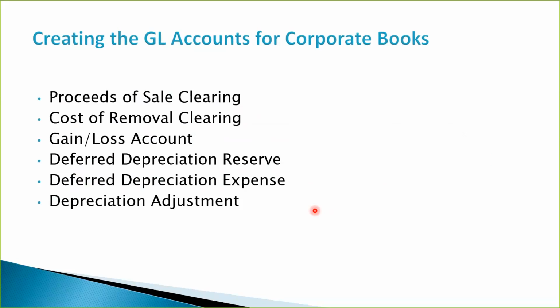We have cost of removal clearing. We have gain and loss account. Then we have these three that we have talked about in this session, the deferred depreciation reserve, the deferred depreciation expense, and the depreciation adjustment account. So what I wanted to talk about now is this gain loss account, okay.